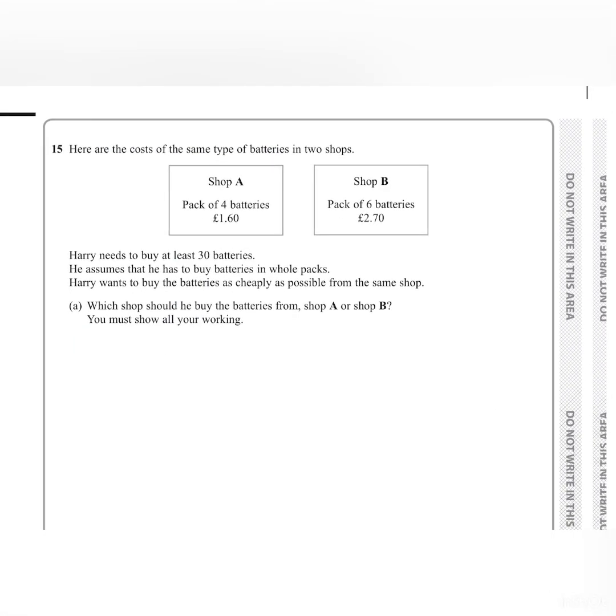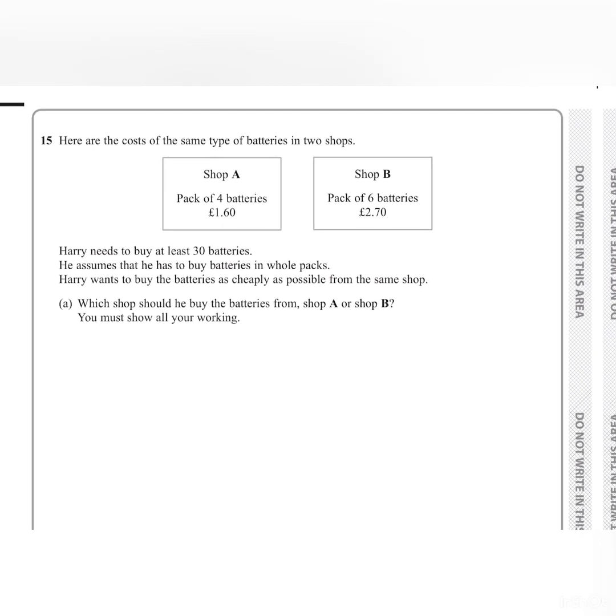Okay, question number 15. Here it says, here are the cost of the same type of batteries in 2 shops. Shop A, pack of 4 batteries costs £1.60. In shop B, pack of 6 batteries costs £2.70. It says Harry needs to buy at least 30 batteries.